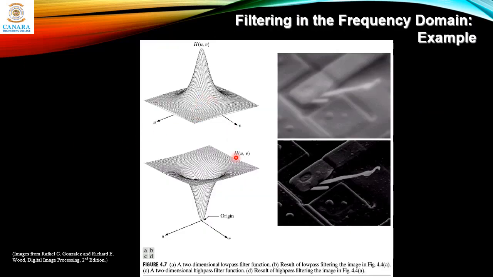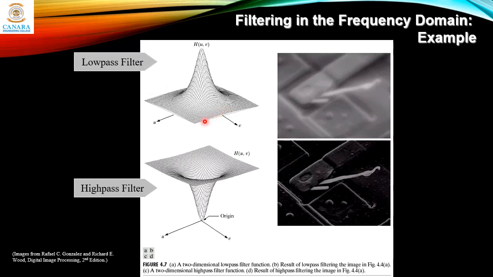These two are the high pass and low pass filters in the frequency domain. You can see that in the low pass filter, the response is high near the origin, and for the high pass filter, the response is low or zero near the origin. As you move away from the origin, the response becomes higher for the high pass filter, while for the low pass filter, the response is lower. You can see the effect here. This is the output of a low pass filter.